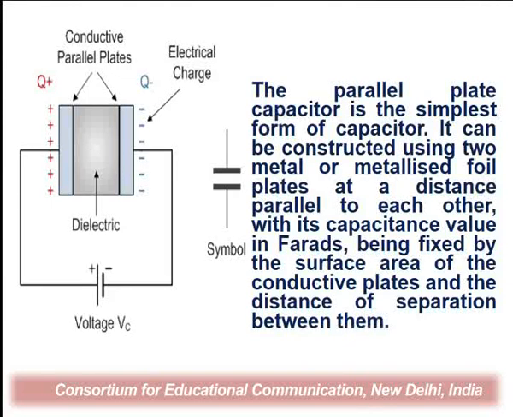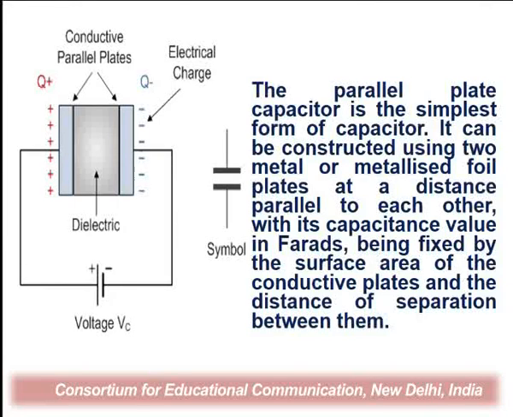The parallel plate capacitor is the simplest form of capacitor, and it can be constructed using two metal or metallized foil plates at a distance. You see on the screen that there is a distance between these two conductive parallel plates with a dielectric in between. So these two plates are separated by some distance and are parallel to each other, with their capacitance value in farads.